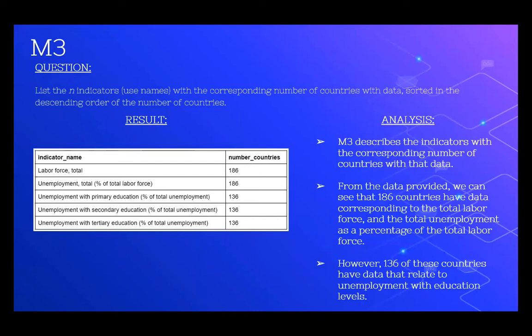They include the total labor force, total unemployment as a percentage of the total labor force, and also percentage of total unemployment in primary, secondary, and tertiary education. From the data, we can see that 186 countries have data in the total labor force and total unemployment indicators, while 136 countries have data that relate to unemployment in the education sectors each.